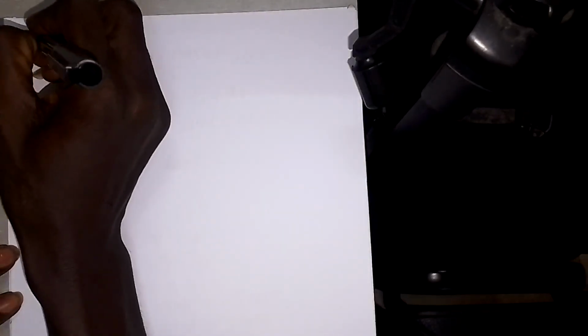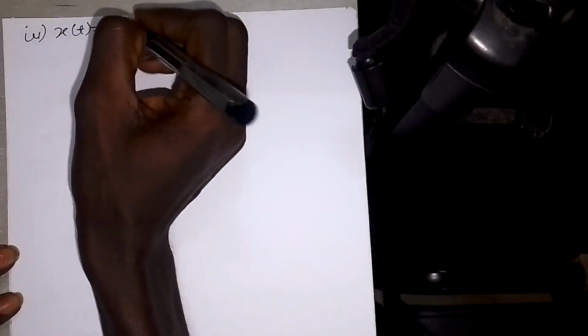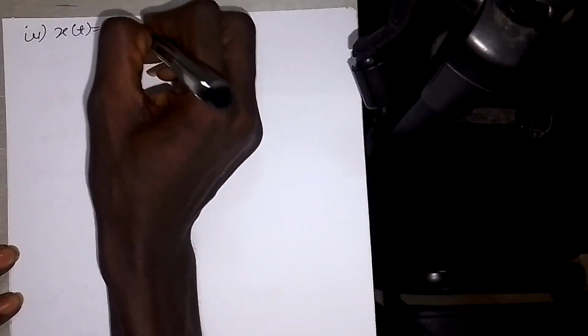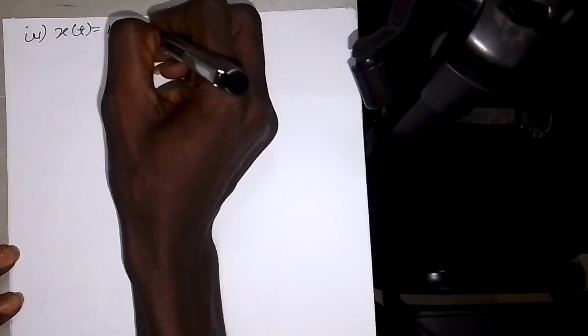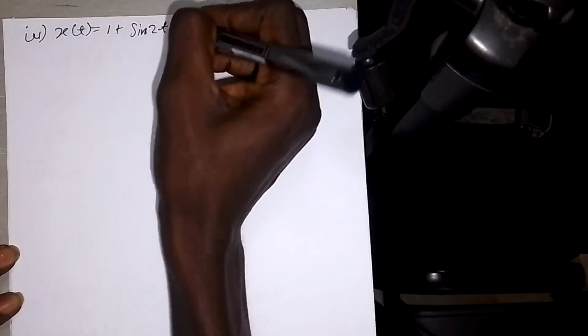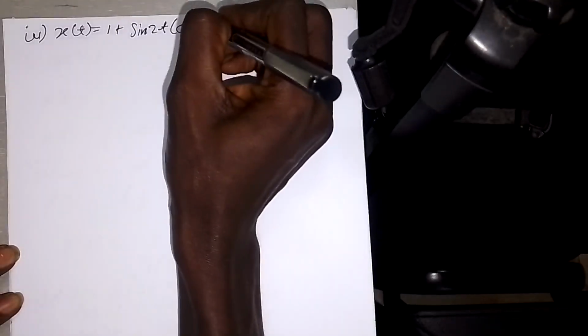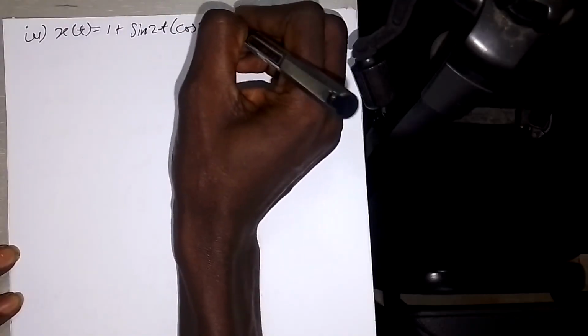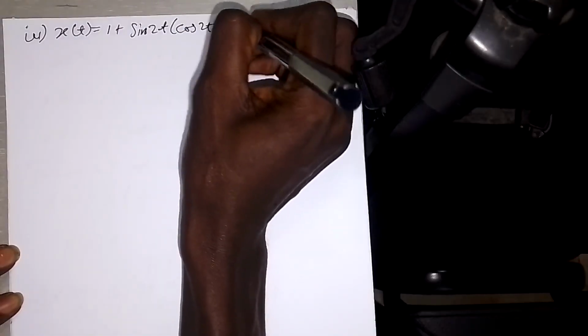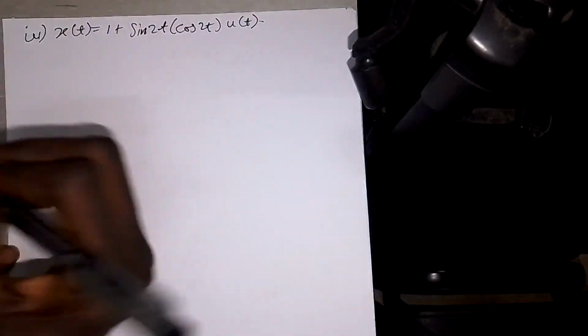So our next equation is IV. So x of t is equal to 1 plus sine 2t into cos 2t, into u of t.